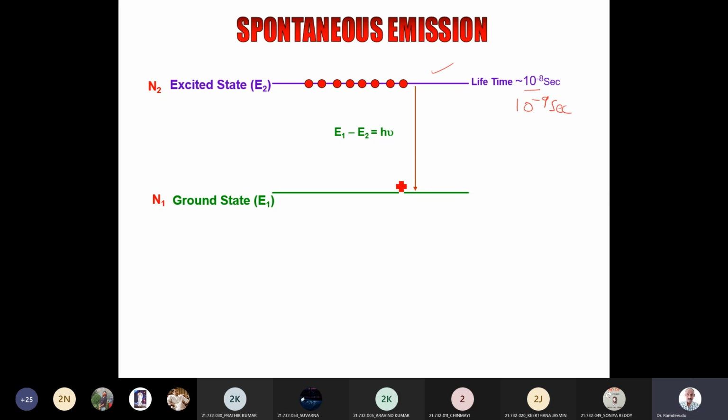Therefore, they immediately fall down without any external energy, giving rise to a downward transition and an emission of energy h nu. One atom will emit a wave, another atom after some time will emit, and other atoms will come, but they emit at different times. Therefore, the waves are not coherent. That is the spontaneous emission.